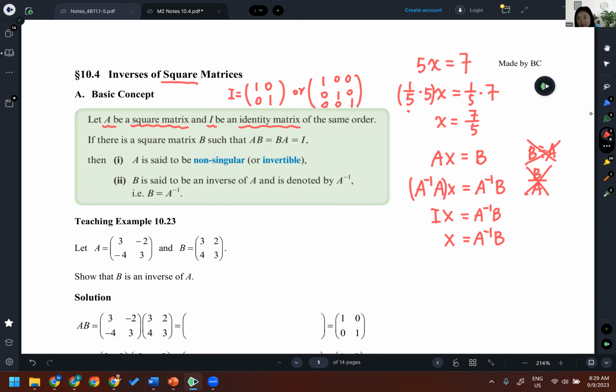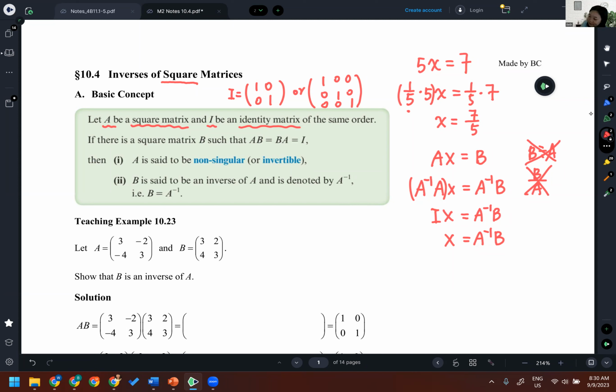Of the same order. So A and I are the same order. So there is a matrix B such that A times B and B times A are equal, and both of them are equal to I, the identity. Okay, now if we're able to find this matrix B, we will say that A is non-singular. If we're not able to find it, then we say A is singular.